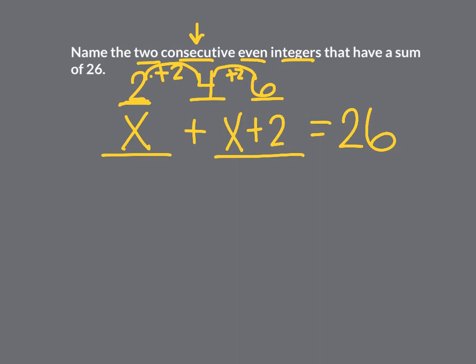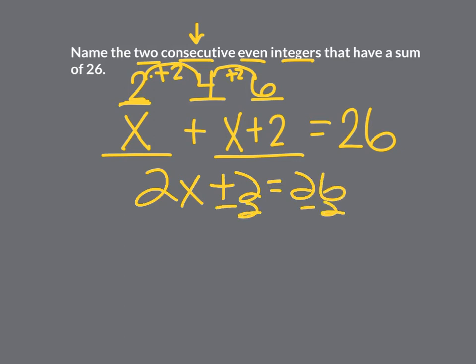Every time you go to a next term, you're adding 2. So a third term would have been x plus 4, because the second term went up 2, and then the third term went up 2 more. But they're only asking for 2. So let's combine our like terms. We get 2x plus 2 equals 26.